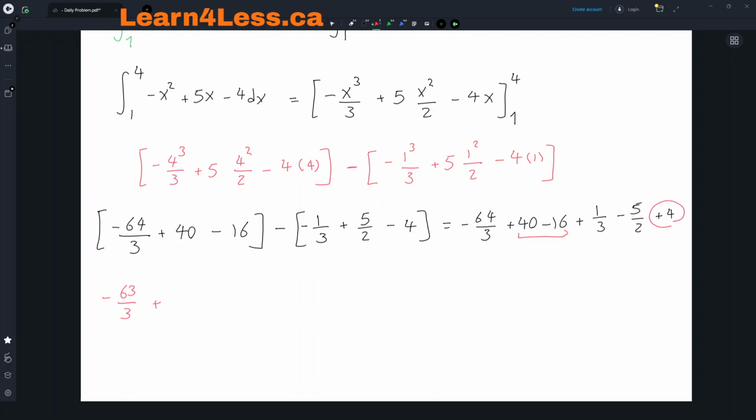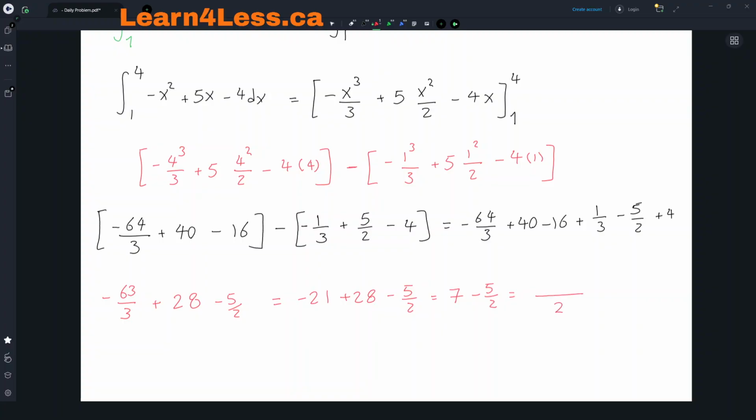And we have another 4 here, which makes it positive 28. And we also have this negative 5 over 2. Negative 63 over 3 can be simplified to negative 21 plus 28 minus 5 over 2. And again, negative 21 plus 28 is simply 7 minus 5 over 2.